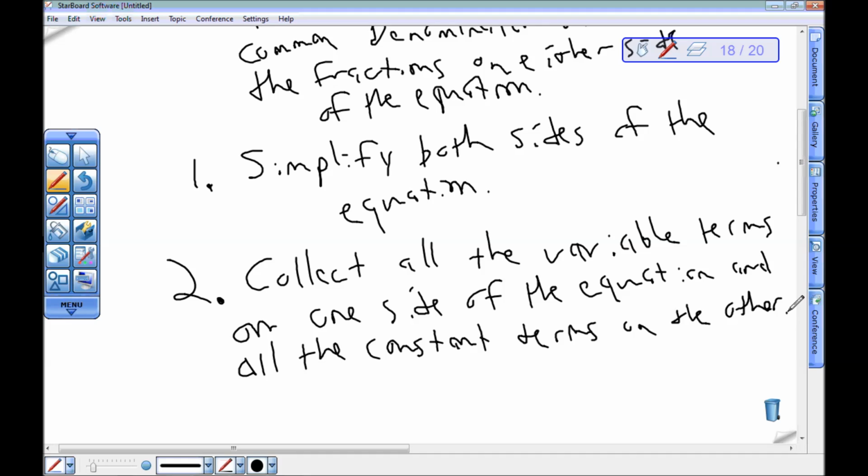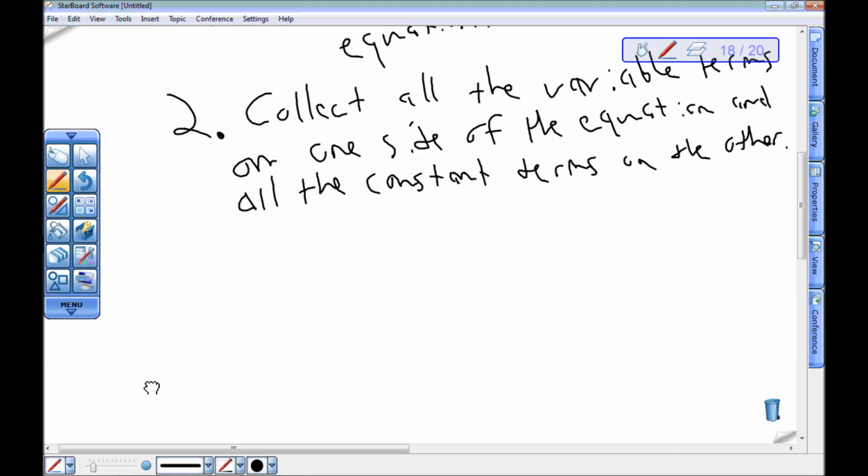To do that, I'm going to use that addition property of equality, right? Add or subtract things from both sides. Because if I subtract the variable term from the side where it is, it'll end up on the other side, something like that. Okay, use that addition property of equality.